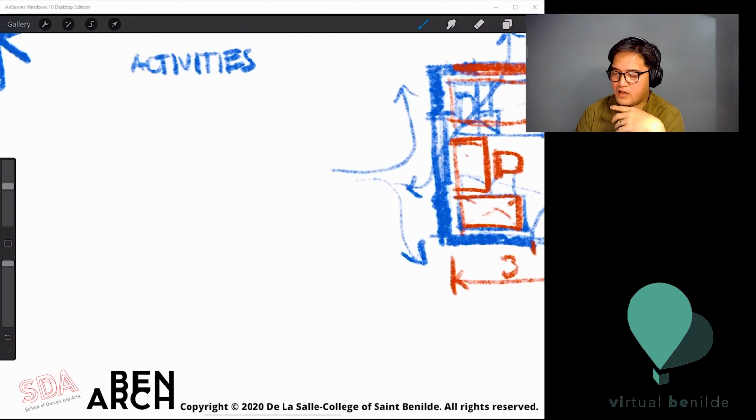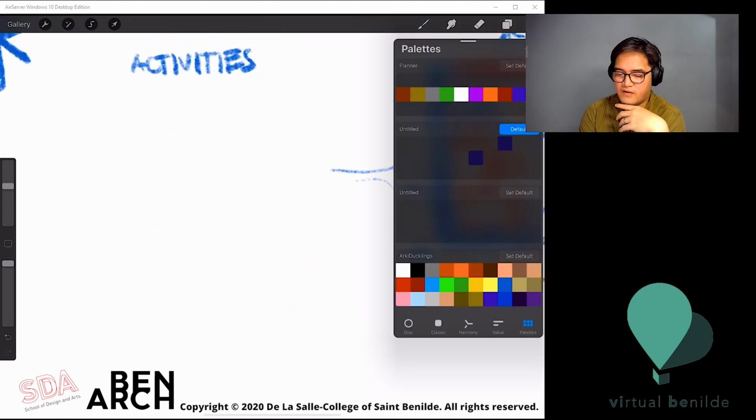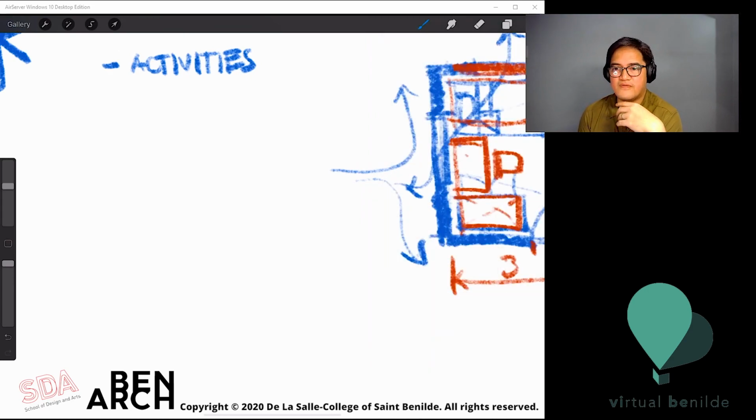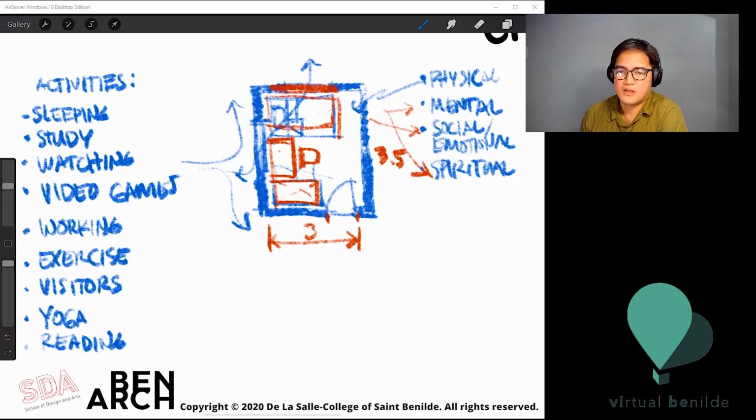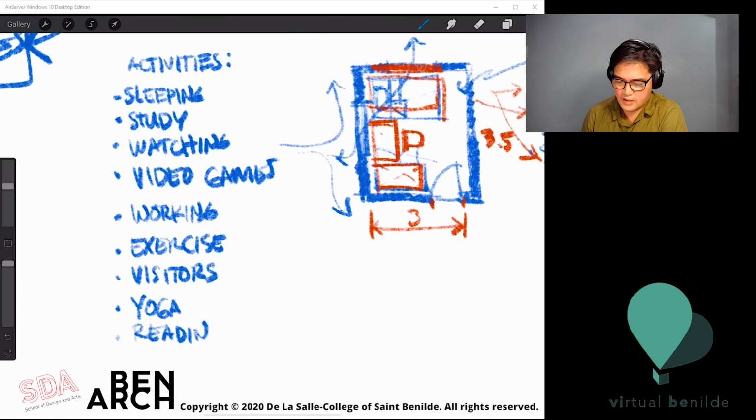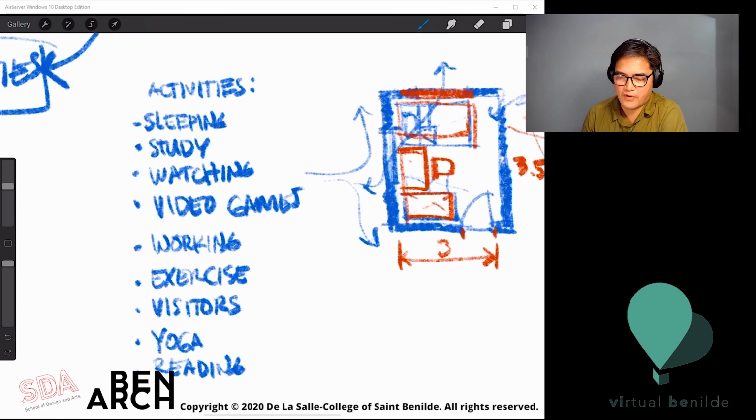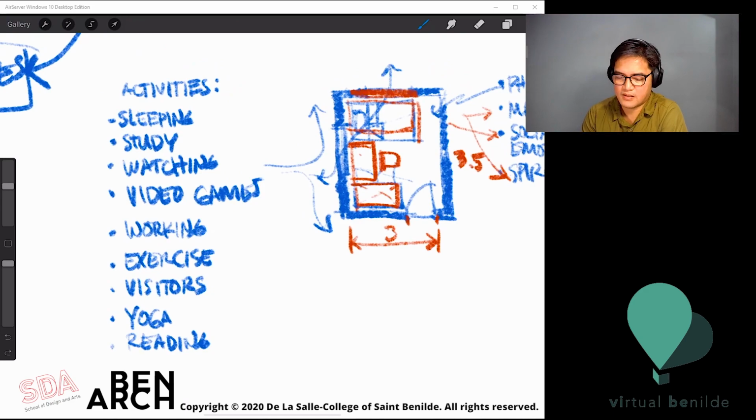Now, in terms of listing down your activities first, I'm just going to list down a few things. The way I'm deciding on the activities is through these four aspects. We keep in mind the physical, mental, social, emotional, and of course the spiritual. If you take a look at what I have so far, sleeping is mental.